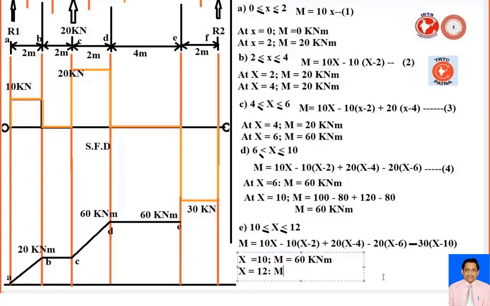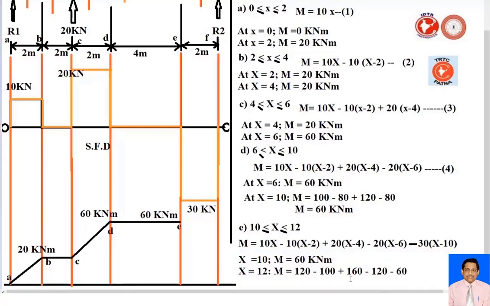So compute this: M will be equal to 120 minus 100, then plus 160, then minus 120, then minus 60.